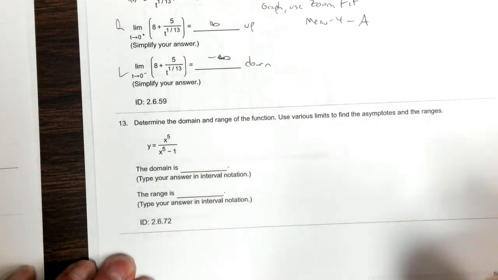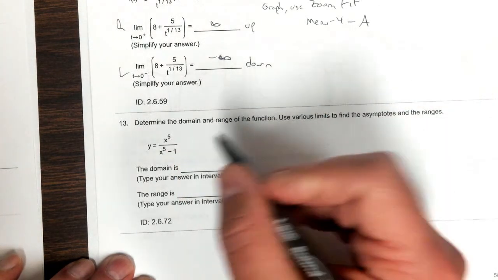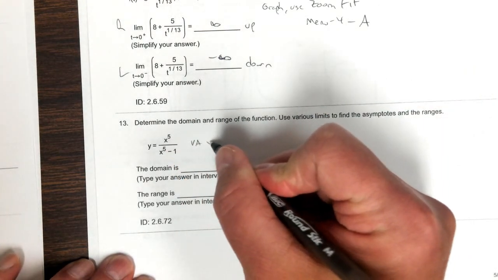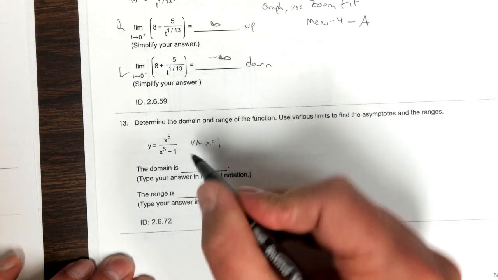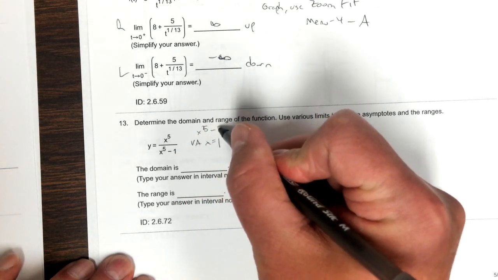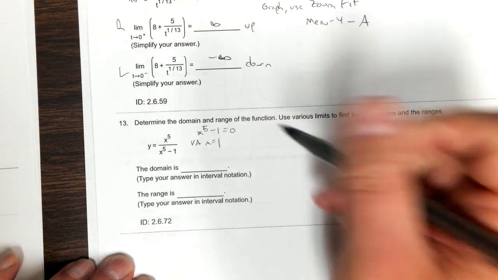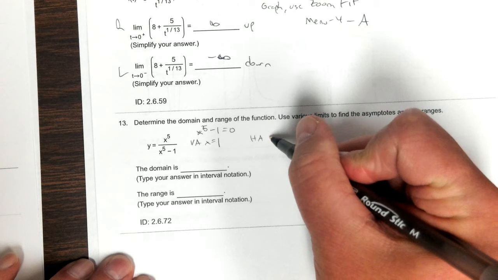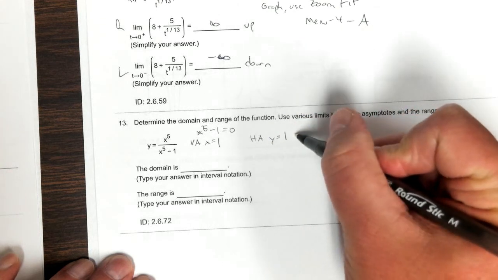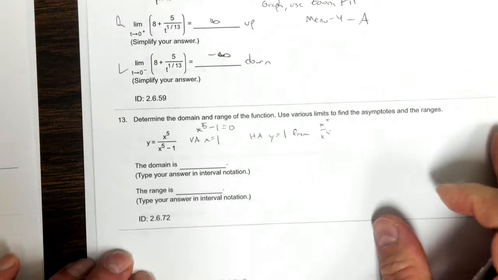Then for this one, find the domain and range of the function. So this is one where we would have a vertical asymptote at x equal 1 from setting x to the 5th minus 1 equal to 0. You would also have a horizontal asymptote at y equal 1 from saying x to the 5th over x to the 5th.